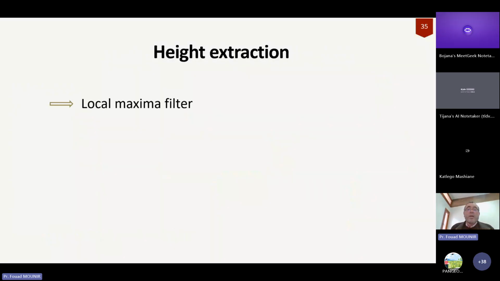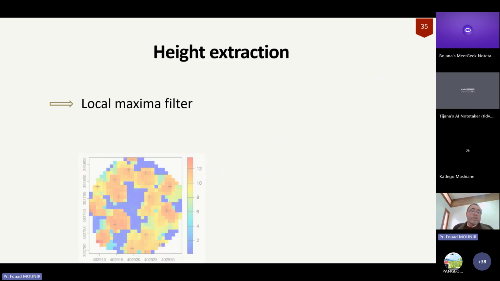We did height extraction using a local maximum filter, and we came up with this.